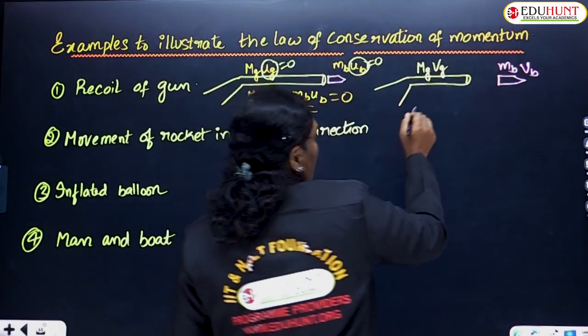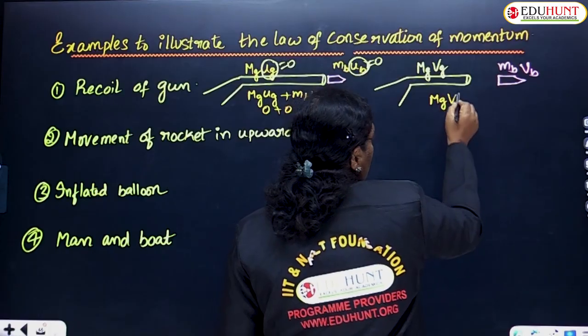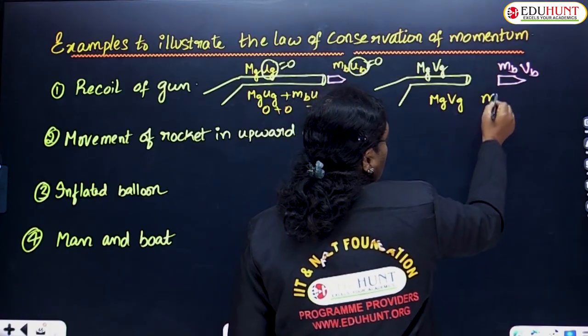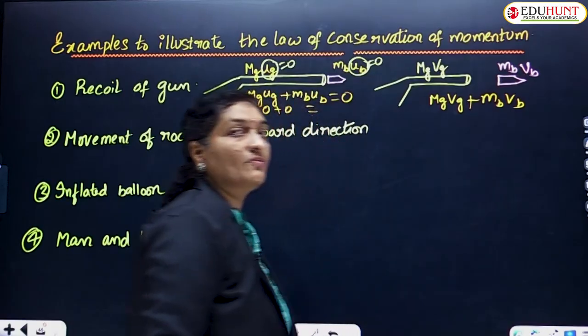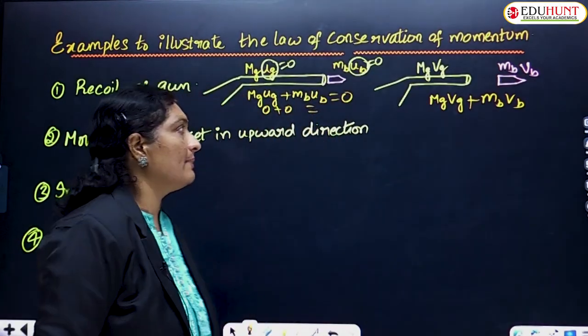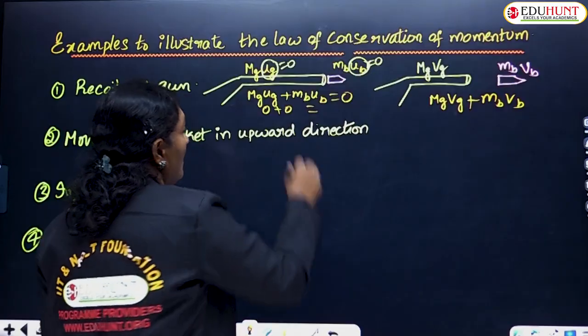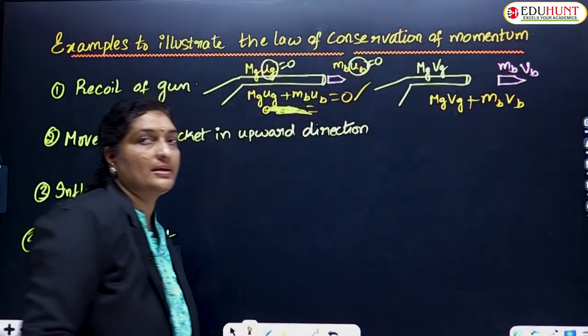After firing, the momentum of the gun is mg vg and the momentum of the bullet is mb vb, and the total momentum of the system, that is gun and bullet after firing, is mg vg plus mb vb, whereas before firing the total initial momentum is 0.